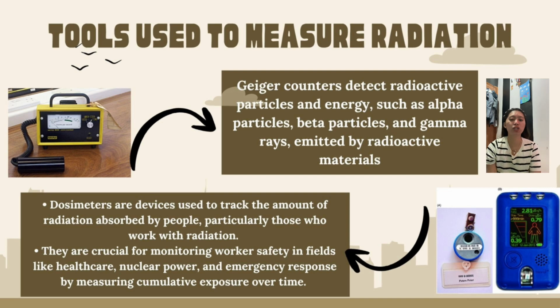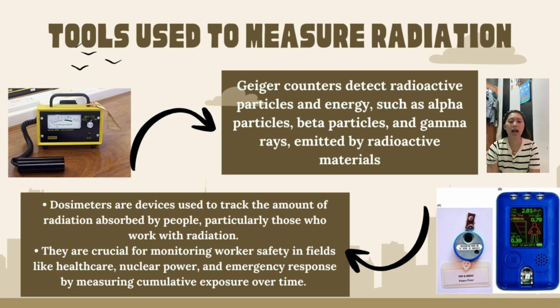Now, let's move on to our next slide, which is the tools used to measure radiation. Geiger counters detect radioactive particles and energy, such as alpha particles, beta particles, and gamma rays, emitted by radioactive materials. First, we have the Geiger counter. Ang Geiger counter kay device nga ginagamit para ma-detect kung naay radiation sa usa ka area.